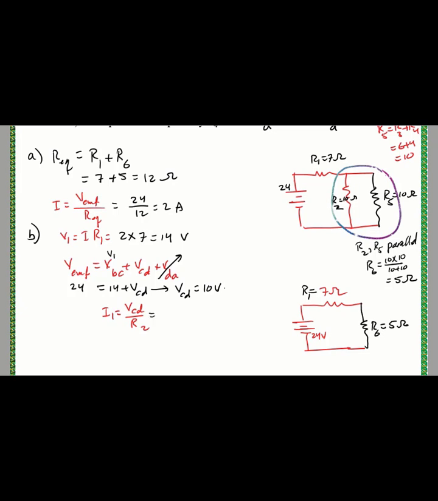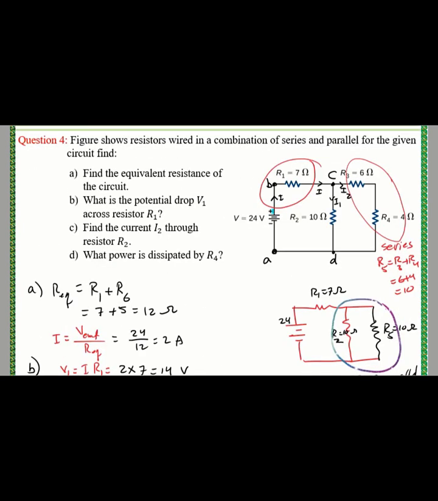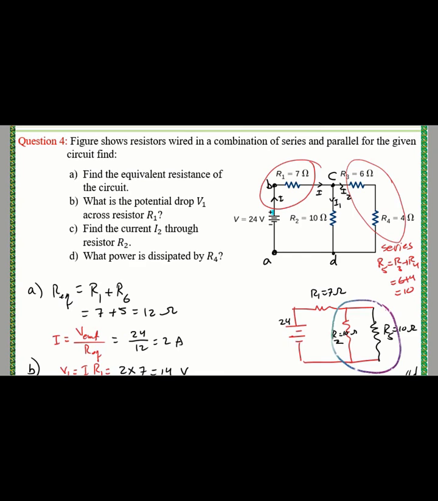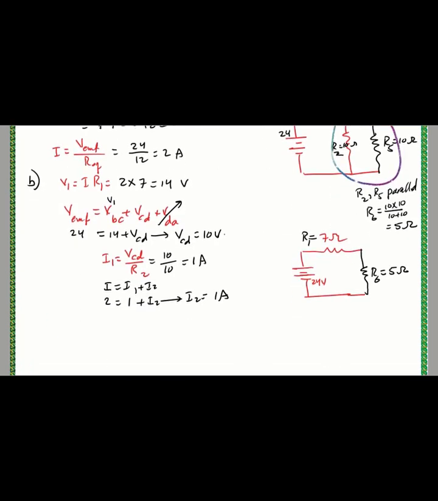VCD we found is 10, R2 is 10, so it is 1 ampere. Now I equals I1 plus I2. The total current is 2, I1 is 1, plus I2, then I2 equals 1 ampere. And this is part C. So this is the solution for part C.